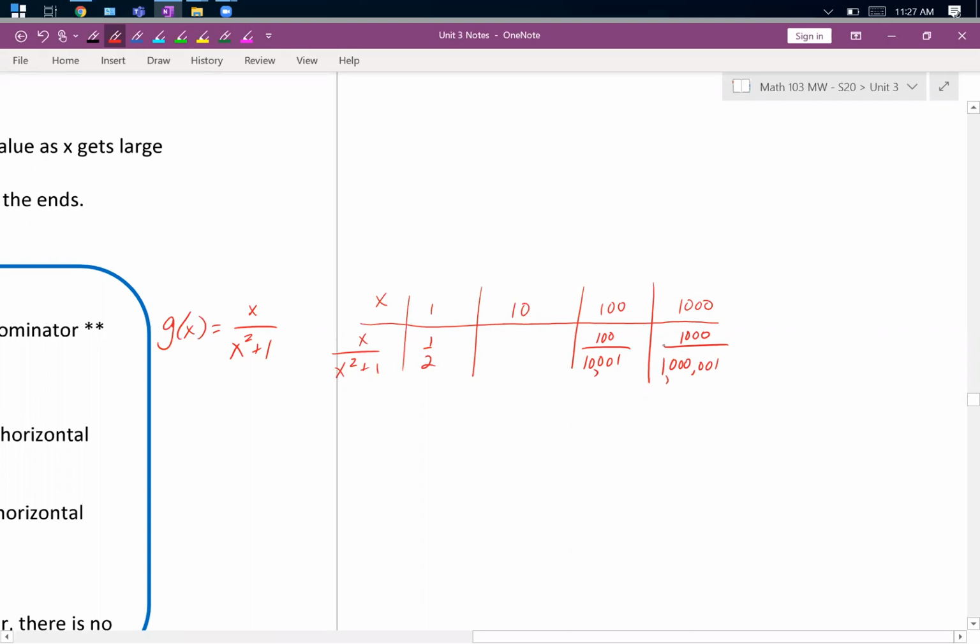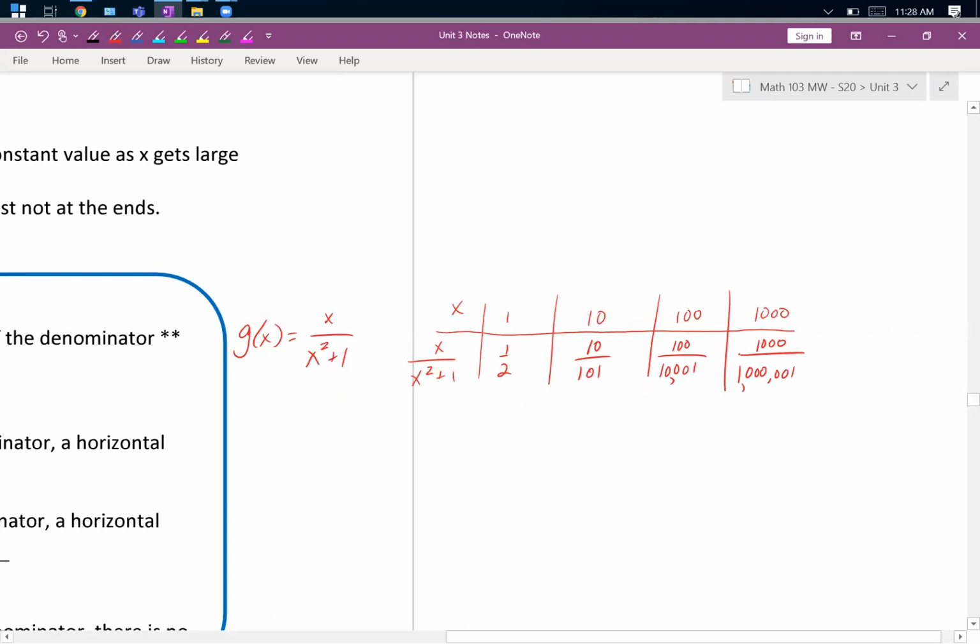What's happening to the overall value of this fraction as x gets larger? Maybe you need to get a couple decimal approximations to really see the pattern. The fraction is getting smaller and smaller, that eventually it's going to be practically zero. So that gives us a horizontal asymptote at y equals 0 anytime the degree of the numerator is less.